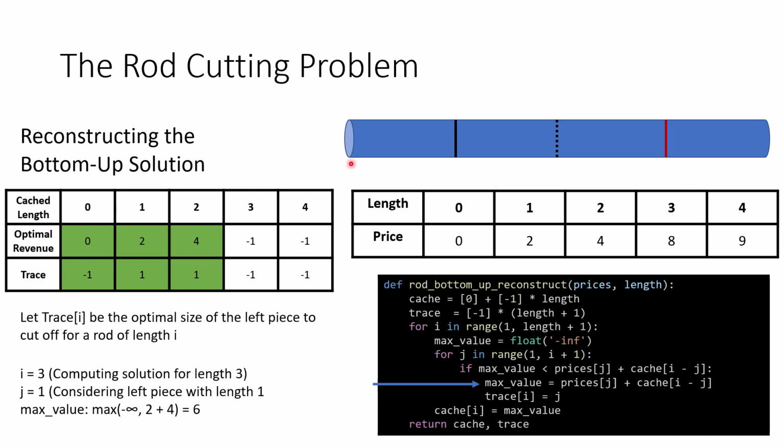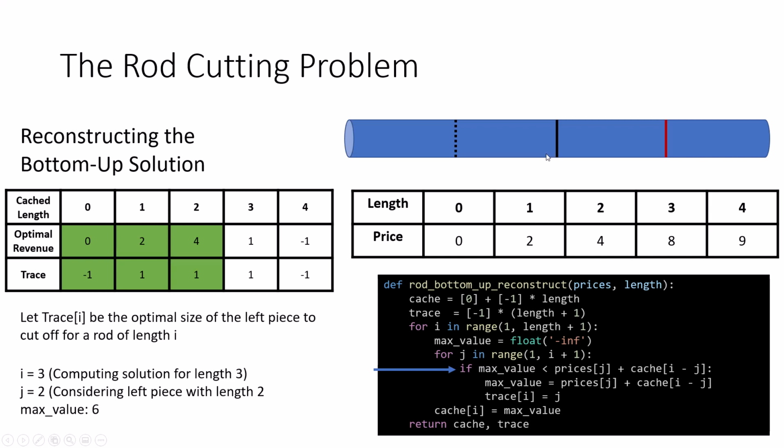Next, we're going to look at a rod of length 3, so optimizing for that. Consider cutting at the beginning, or to make the left piece have a length of 1. And we'll find that that does do better than just negative infinity. So we'll update the trace accordingly to 1. We then move our cut 1 to the right.